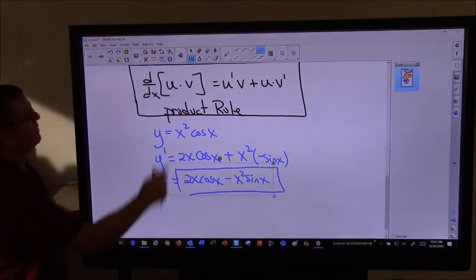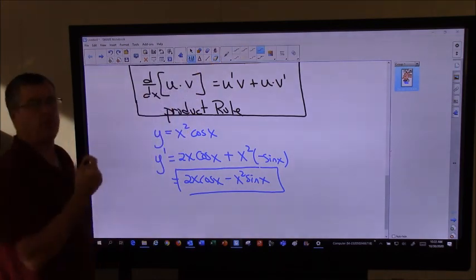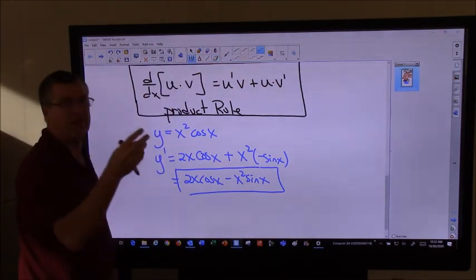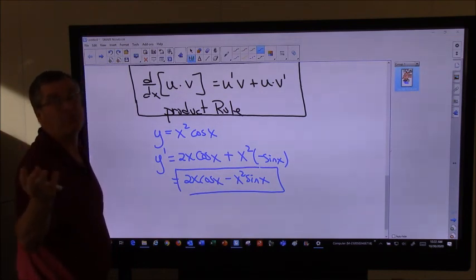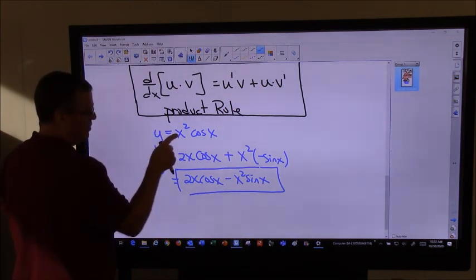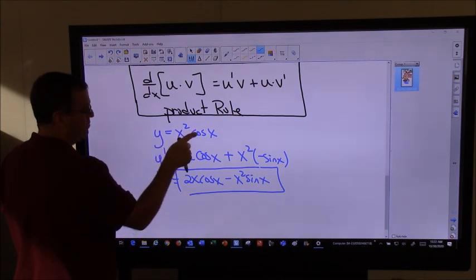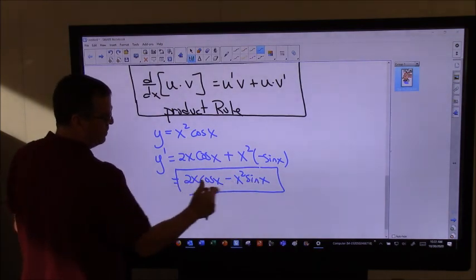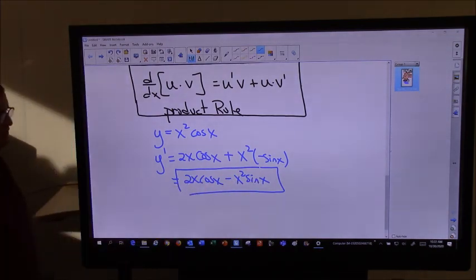And that's not what we would have thought when we first looked at that problem. We thought, well, I'm not saying you guys thought this, but most students do. If you take the derivative of this, it's 2x. If you take the derivative of that, it's a negative sine of x. And so we would have got this piece and this piece, but we're missing some of the other stuff. Okay?